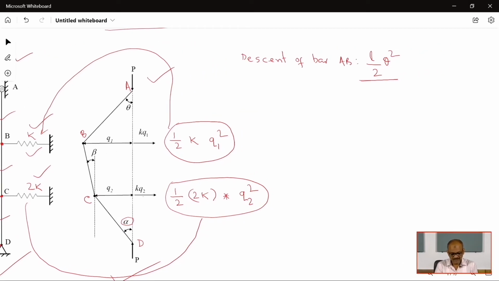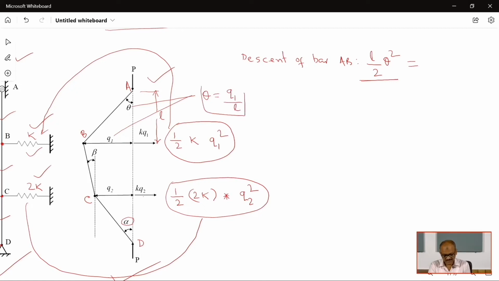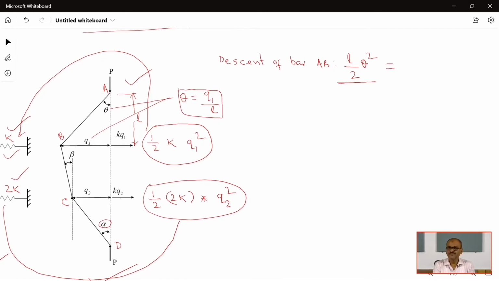If we substitute theta equal to Q1 by L, for small theta, theta is equal to Q1 by L. In fact, in the deformed configuration, we have considered small theta.